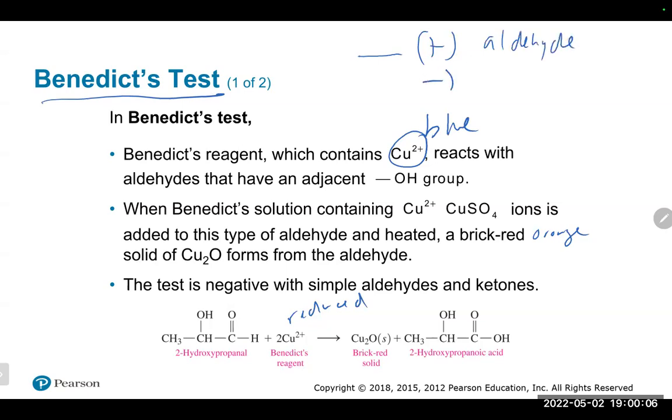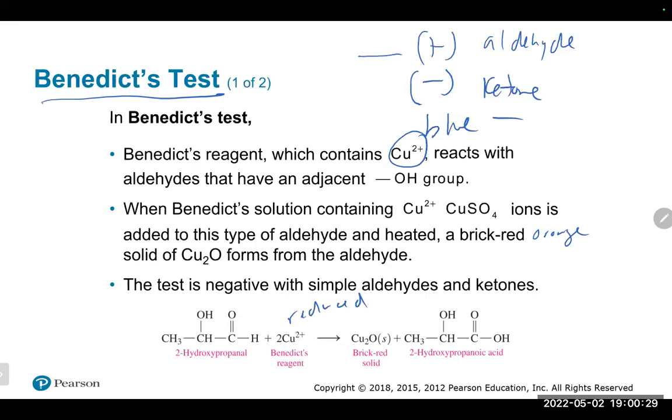If you get a negative test, that means it was probably a ketone in your experiment. Not in every situation, but specifically for the experiment you're doing, it means it's a ketone. I think you might even have an iodine test that you could do for the ketone to verify that it is a ketone. But that is the idea of the Benedict test here.